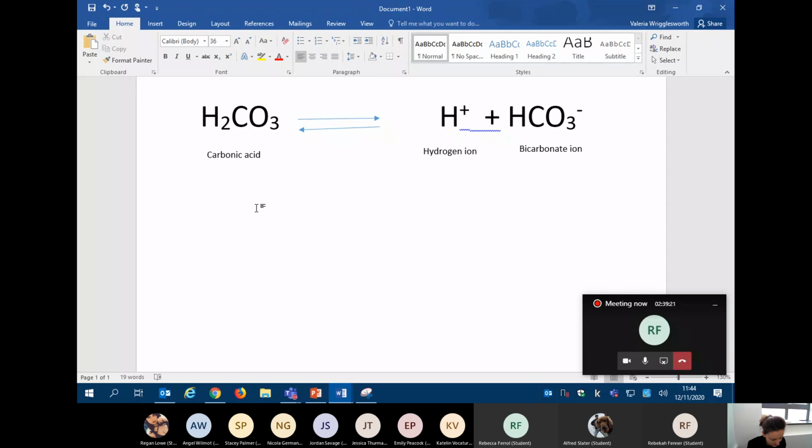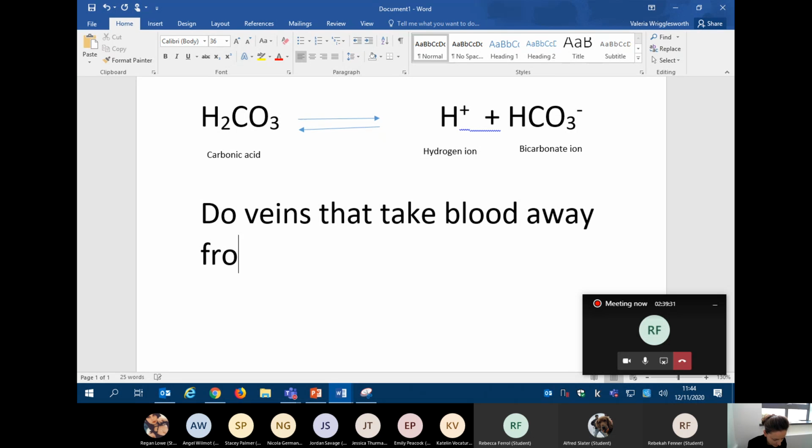So let me write it down. Do veins that take blood away from your brain have valves?